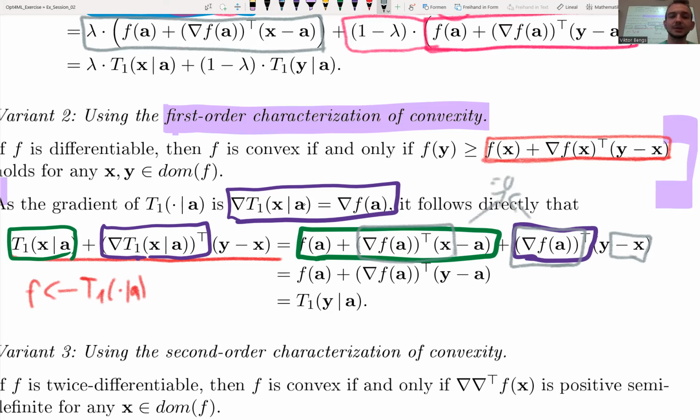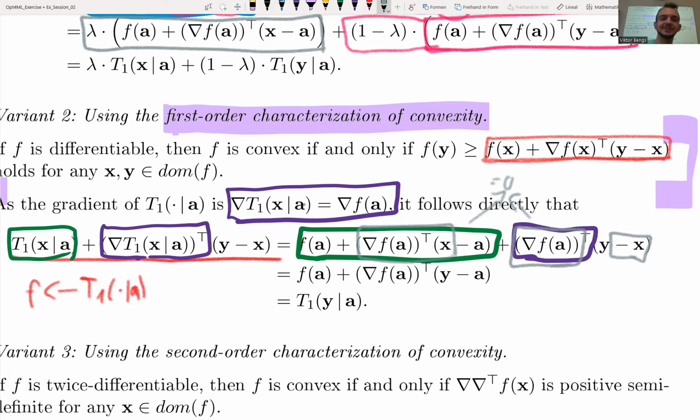So what we see is the Taylor approximation around a point y with a is equal to, or put it differently, the Taylor approximation of the function f around the point a, if you plug in the y, this will be the Taylor approximation of that function if we have as an approximation point the x, exactly the x.